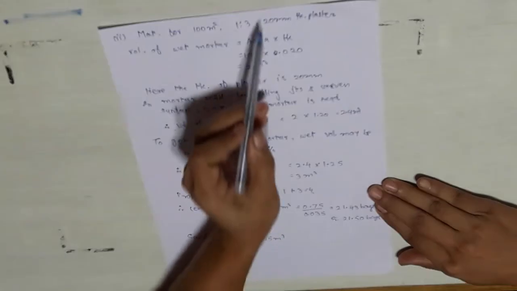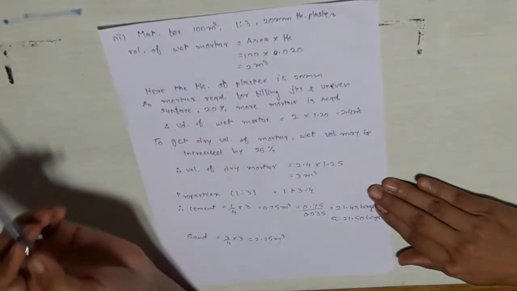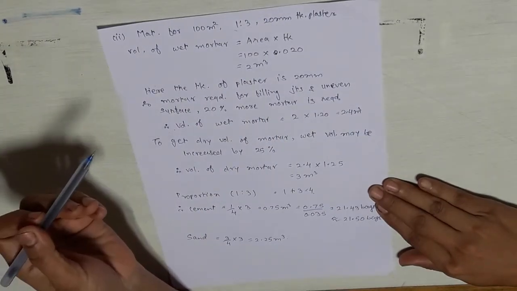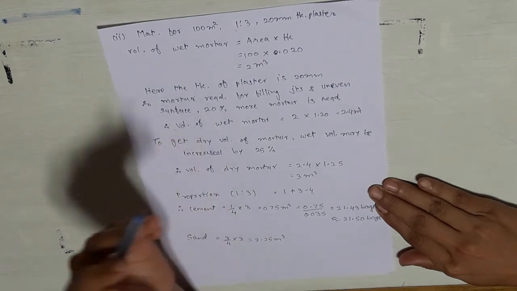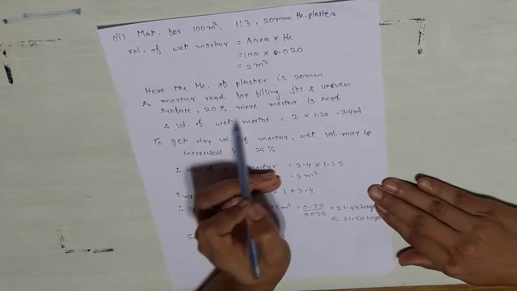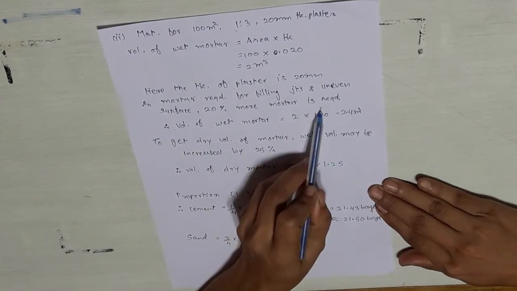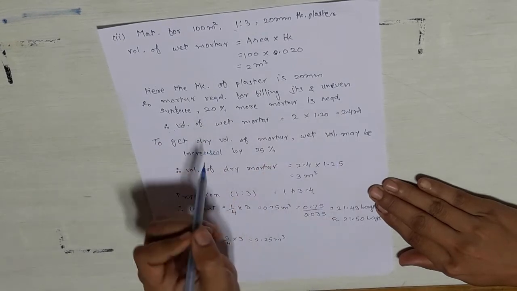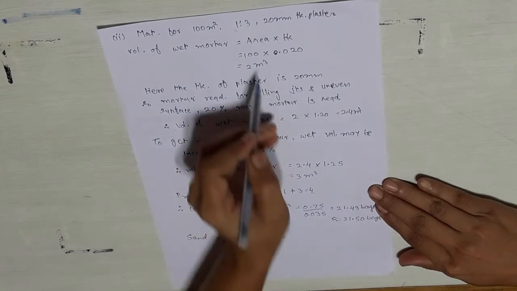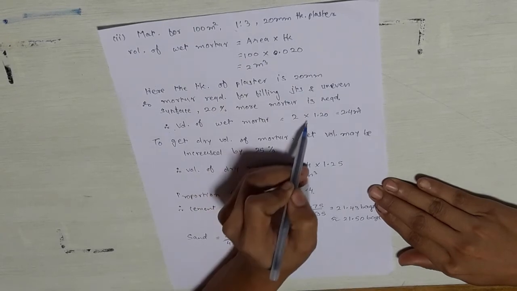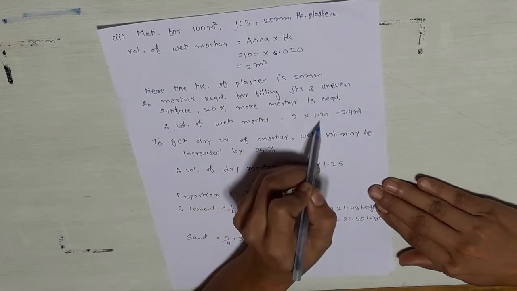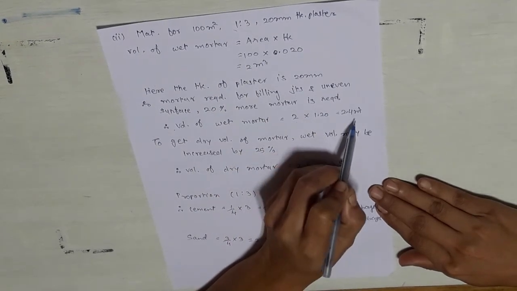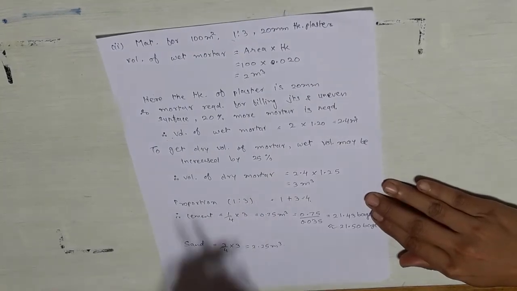Here the thickness of the plaster is 20 mm, so mortar required for filling up the joints and uneven surface is 20% more. So volume of the wet mortar is 2 multiplied by 1.2, that comes to 2.4 meter cube.